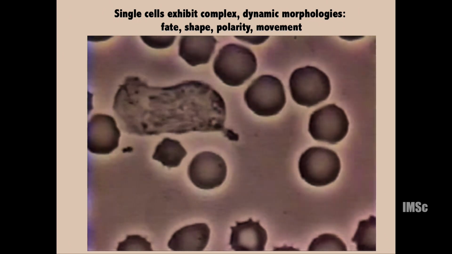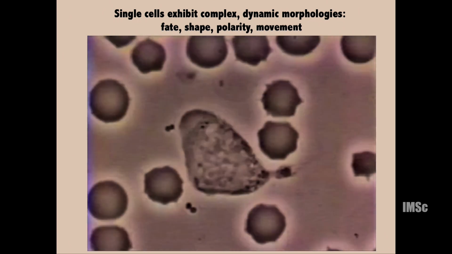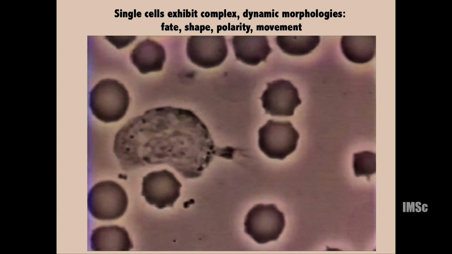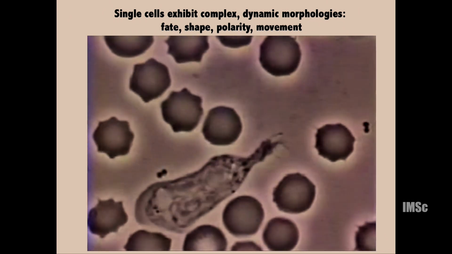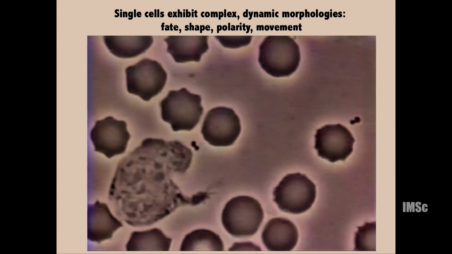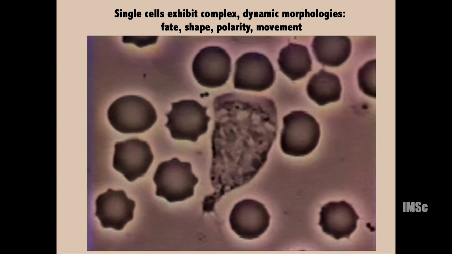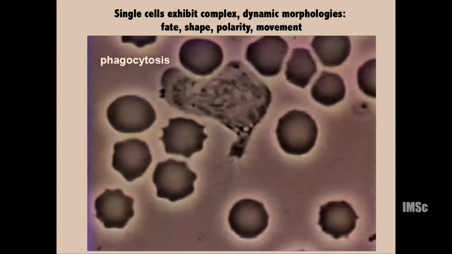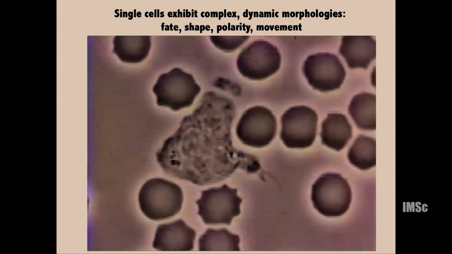What you will see here is a neutrophil, right? The kind that helps you fight infection. These little dots are bacteria, and what this neutrophil is doing is chasing this bacteria in the hope of engulfing it and eating it, which it finally does at this point.